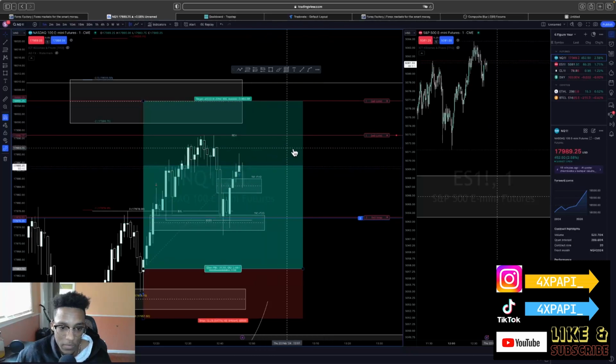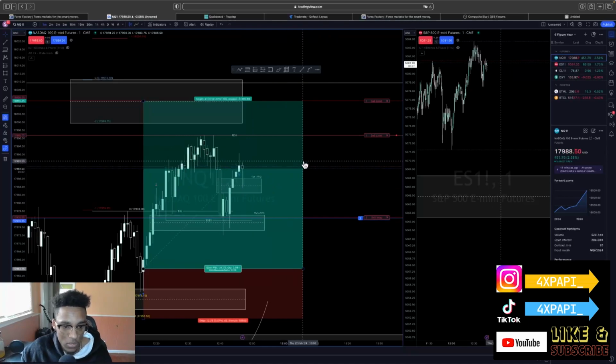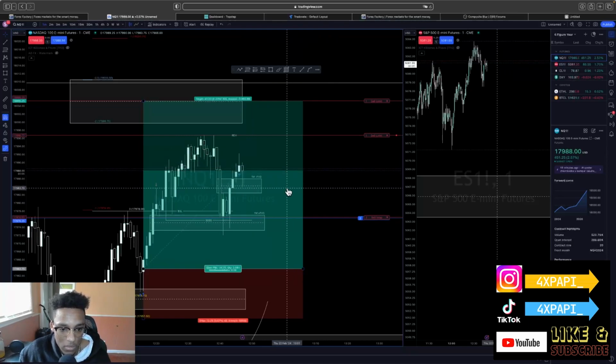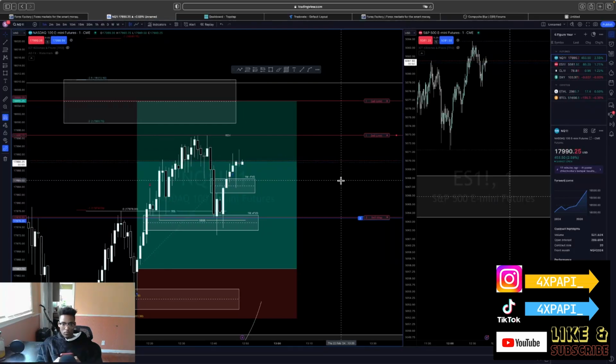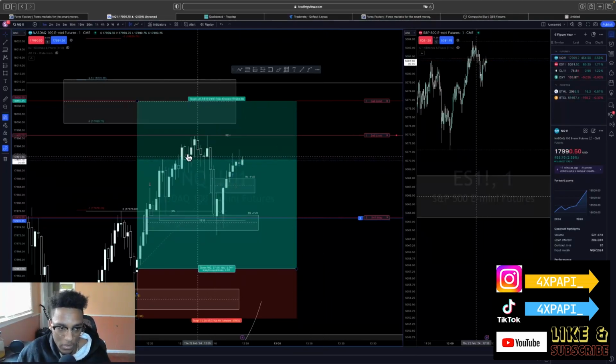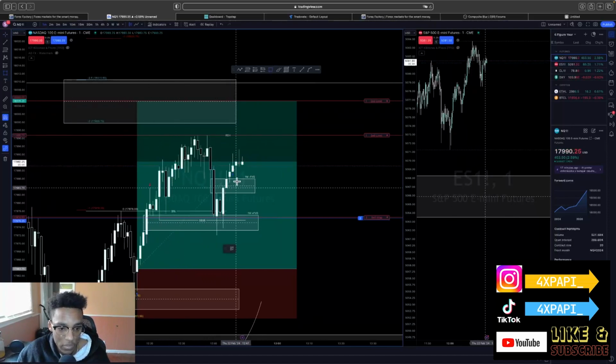And there we have that. Respected consequent encroachment of that inverse. Solid. Now we're respecting. This one is someone holding, but also the inverse held.